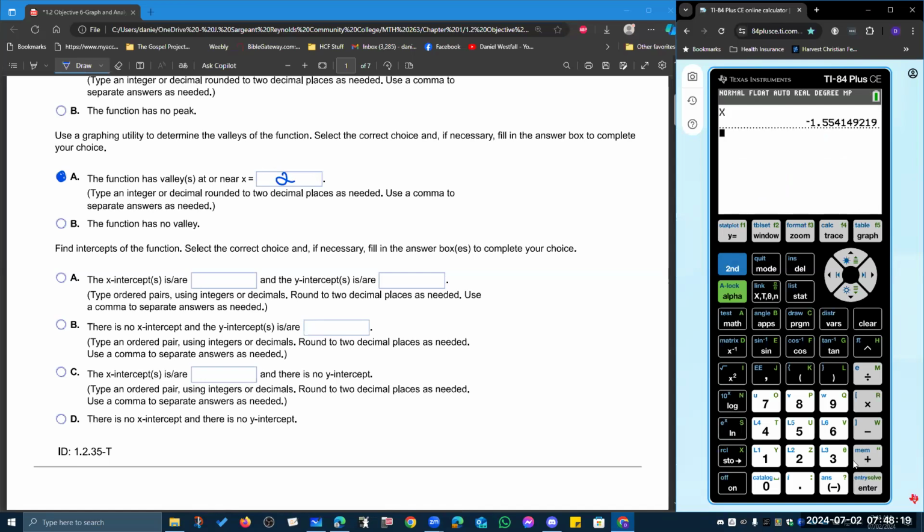So the x-intercept is -1.550. They tell you to type in ordered pairs here. And the y-intercept is 0, 11.